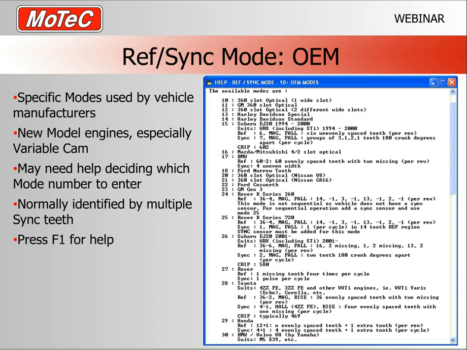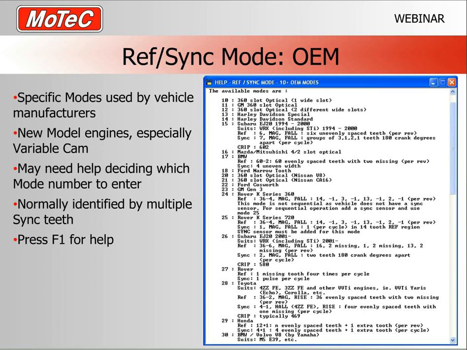For our OEM modes, now this is anything from 10 and beyond with the ref sync number. These are specific modes used by vehicle manufacturers. Now they do stretch back into the early to mid 90s with a few of the manufacturers like Bosch, but you'd almost guarantee there will be a specific OEM mode for most modern engines, especially something with a variable cam.